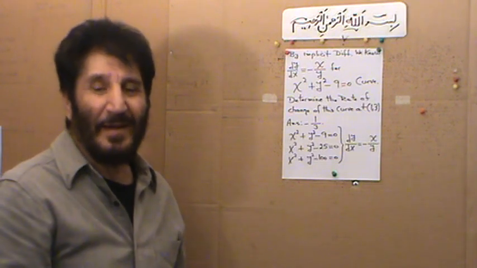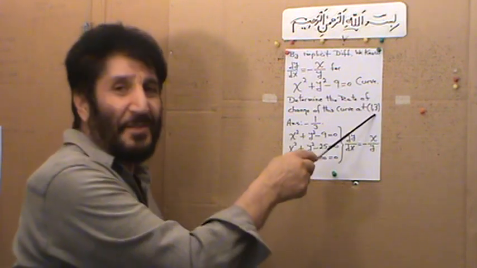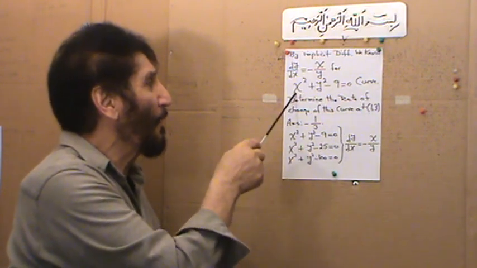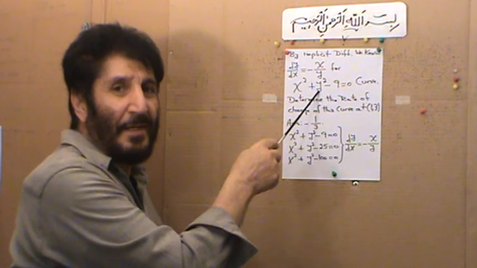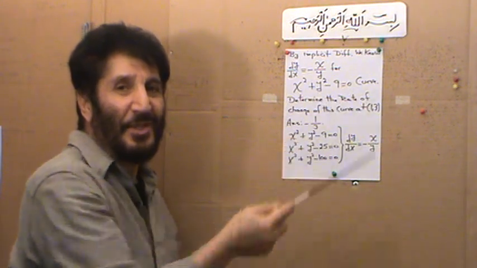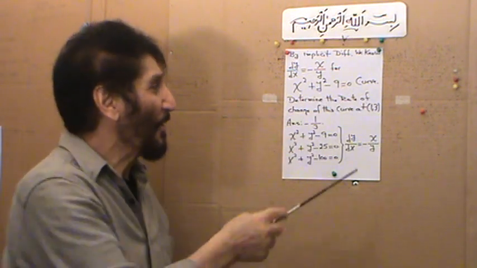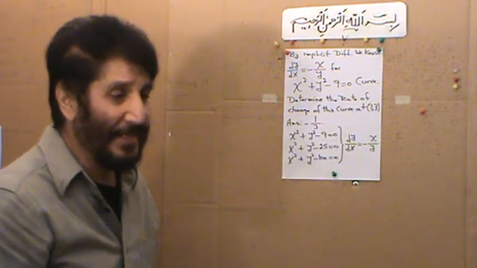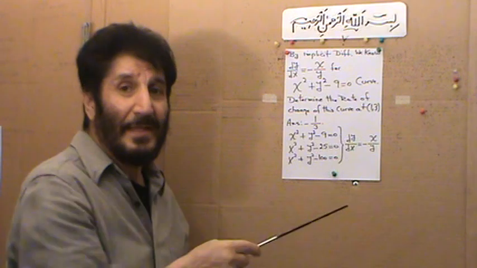We have to have a curve, and this point is not on the curve. How do I know? Plug in x = 1, y = 3, and you get 10, and 10 is not equal to 9.